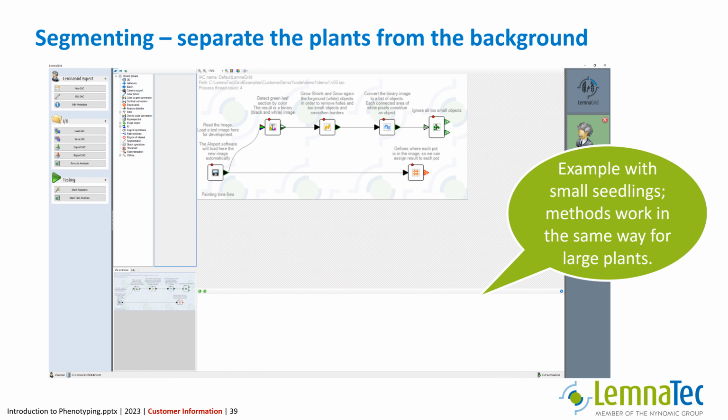Typical functions are segmenting. This means separating the plants from the background. When something is separated from the background and recognized as an object, it can be measured.